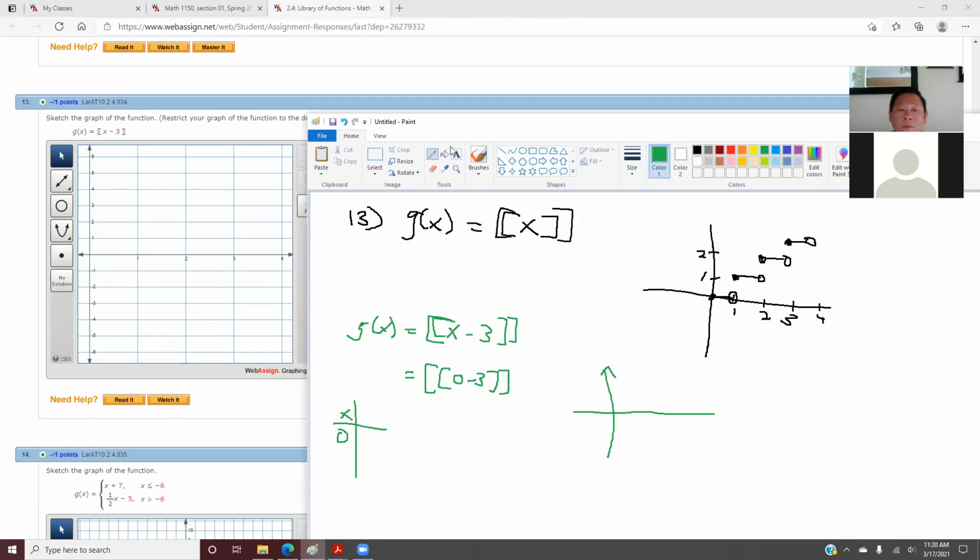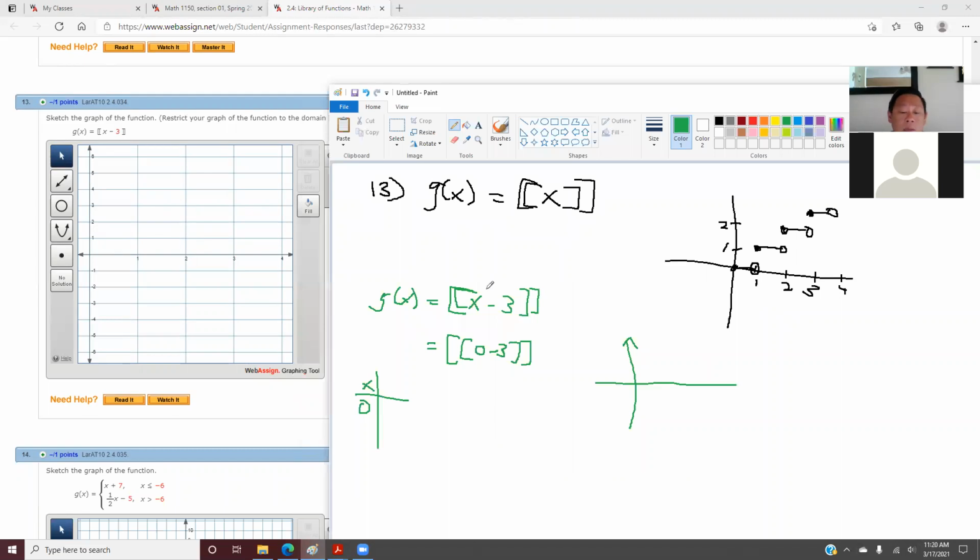Do you know what 0 minus 3 is? -3. So y in this case will be -3. So when x is 0, y is -3.